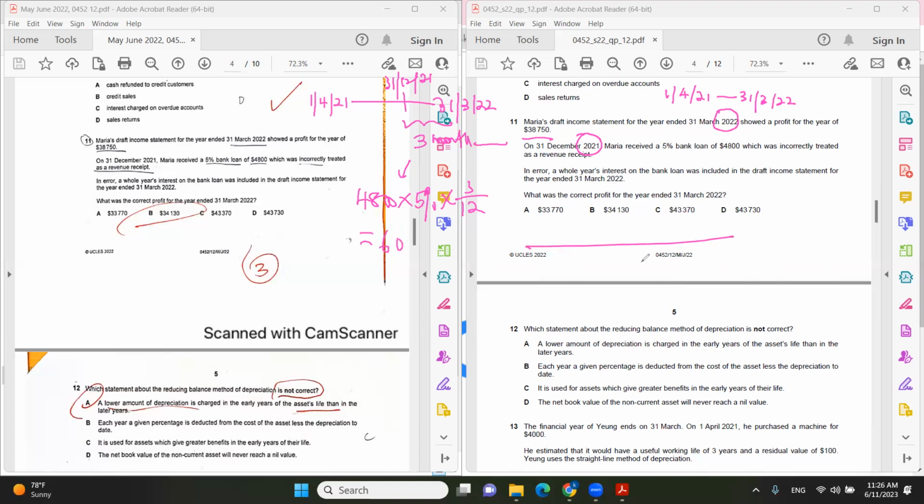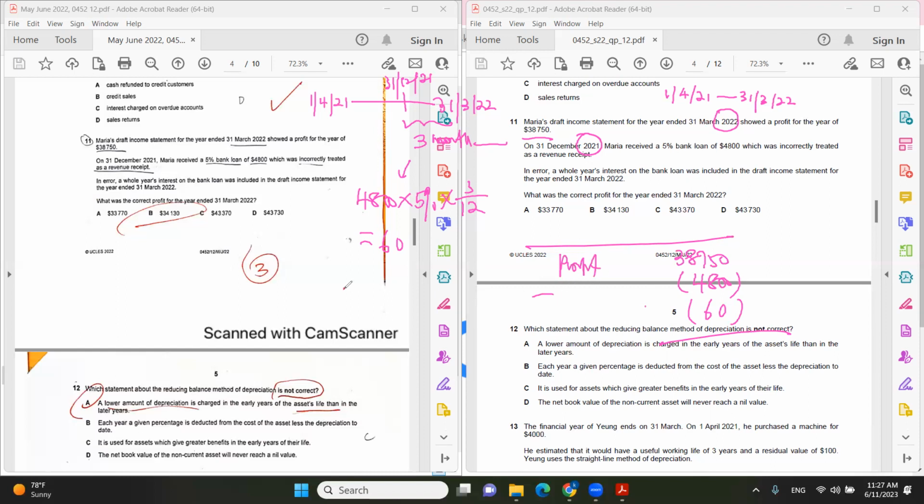So this one we need to take the profit 38750 and then minus the principal amount minus 4,008, and then here they say they already included, so we should put into 60 here. Minus 675 minus 4800 minus 60.